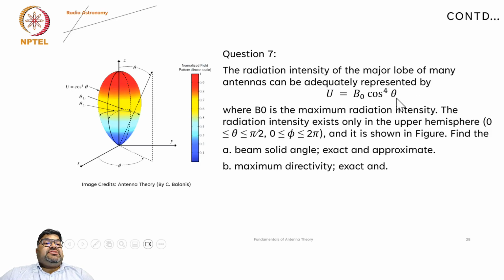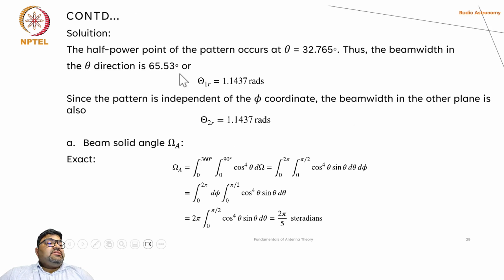We again said the maximum is B naught. So B naught over 2 happens when? We understand that cosine to the power 4 theta is equal to 1 by 2.